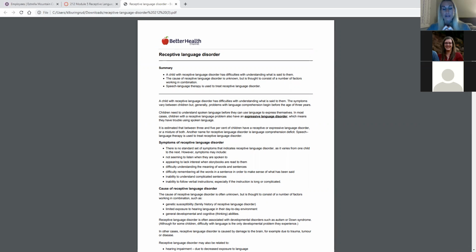So that's where it gets tricky sometimes as an SLPA, since you didn't do the diagnostics of teasing this out. You will likely have goals that work on receptive language and expressive language. You will likely be working on both skills, but sometimes you have to sit in a session and think, okay, what do I need to target with this client today?